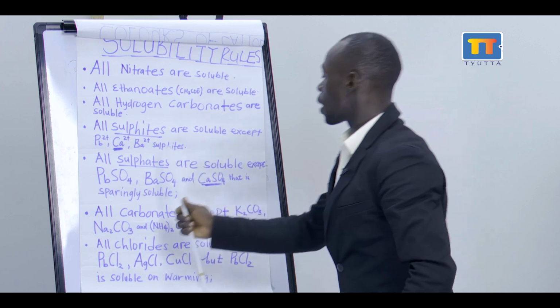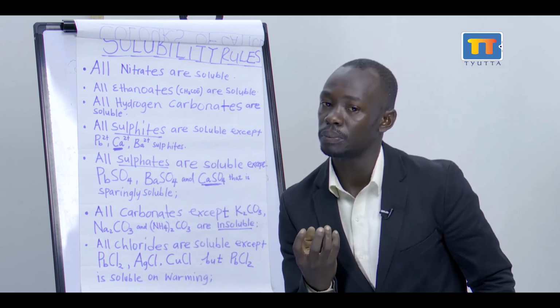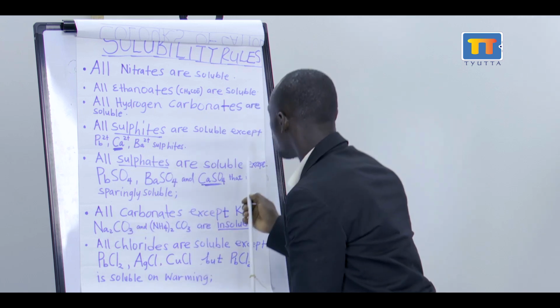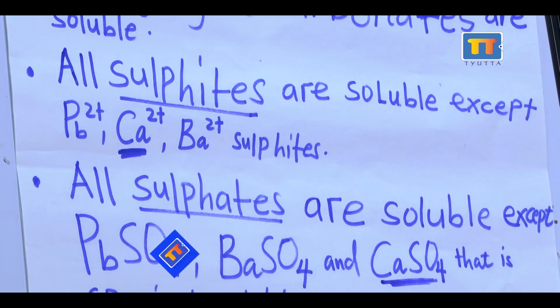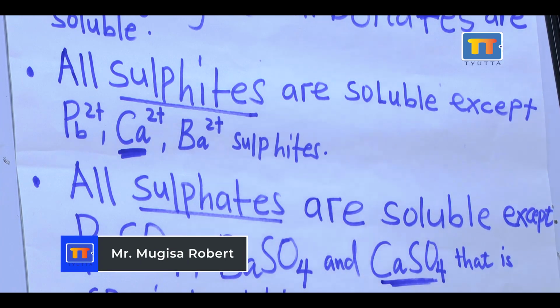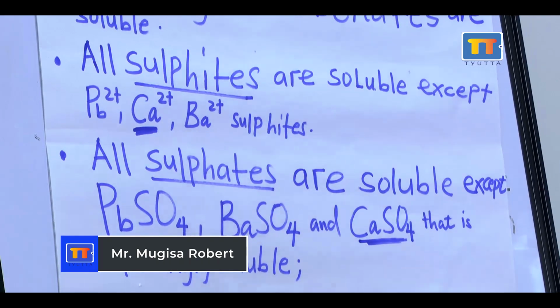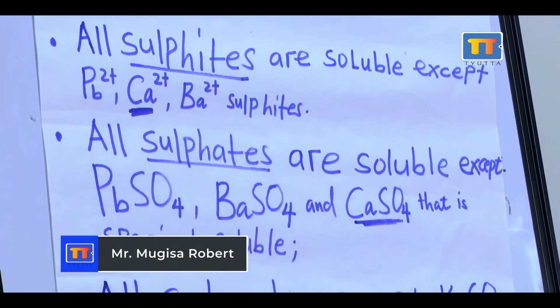I've got to take you back to what we call now the sulfates. Now, all sulfates are soluble. All sulfates can also dissolve in water. But we have an exception also. Don't forget the exception. The exception is still PCB.